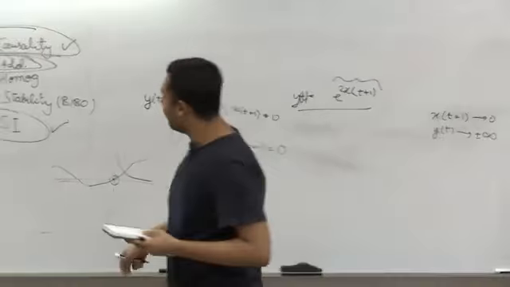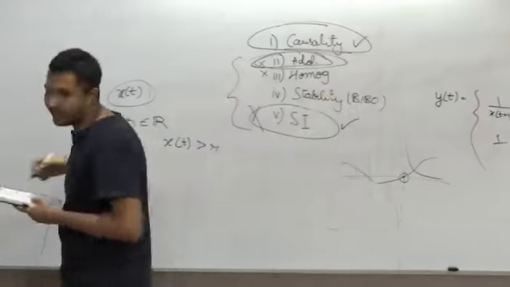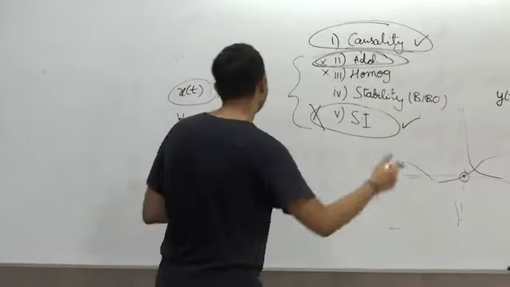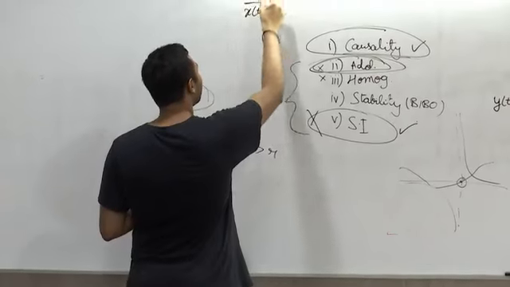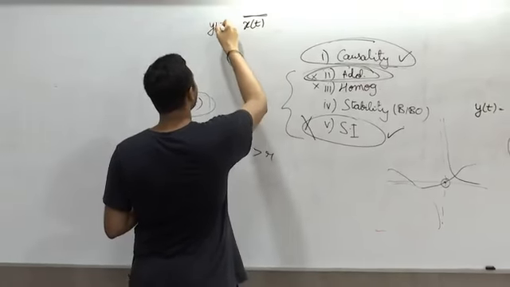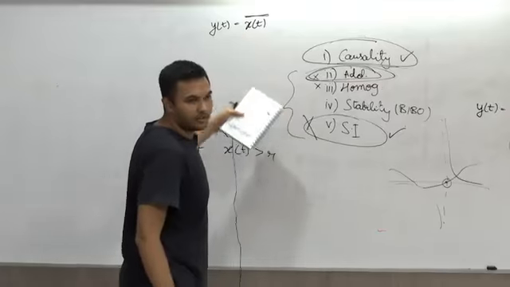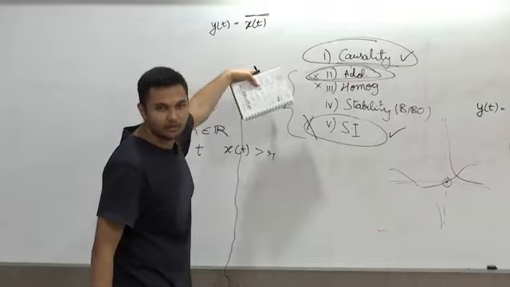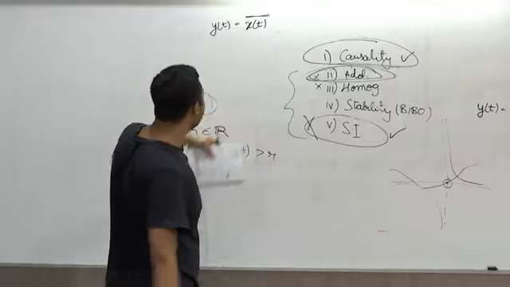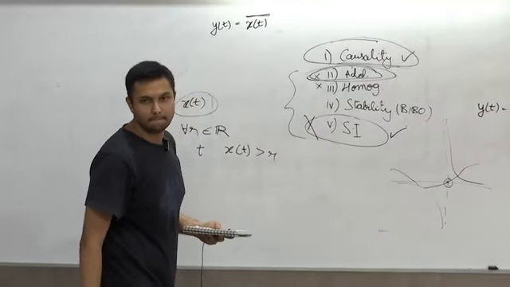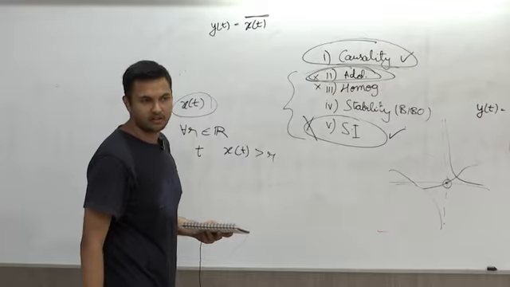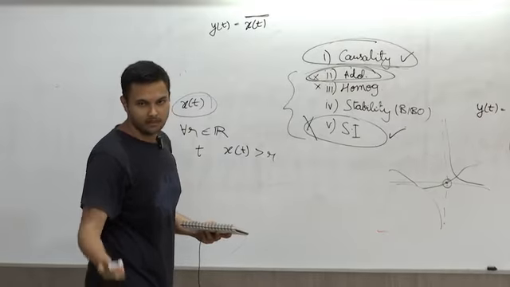So typically if you want additivity but not homogeneity, the typical thing to do is you just consider conjugates. So consider this system, y of t is equal to the complex conjugate of x of t. Is it additive? It is additive, right?